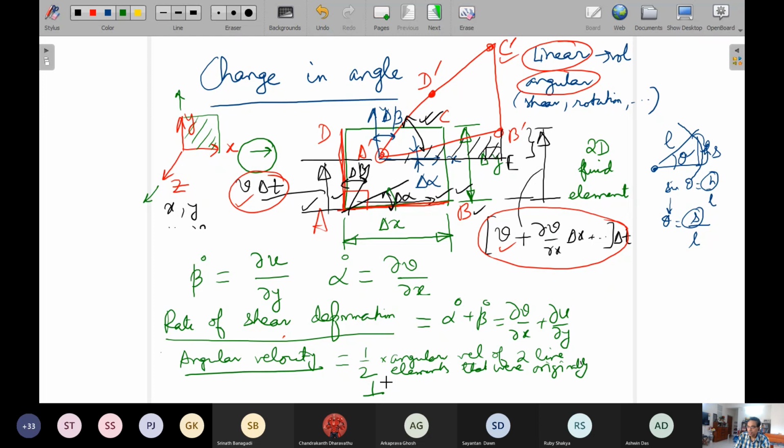So again, if we identify AB and AD as two of these, and anti-clockwise we take as positive, then this will be half of alpha dot minus beta dot. Okay. So this will be half of this.